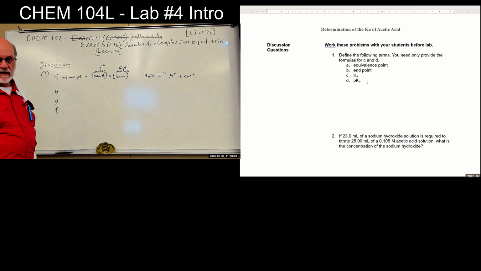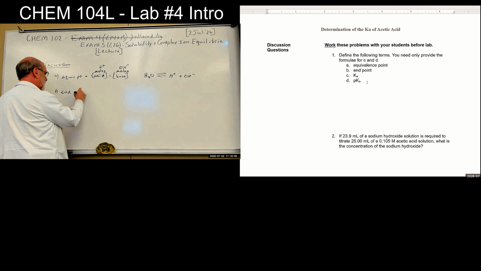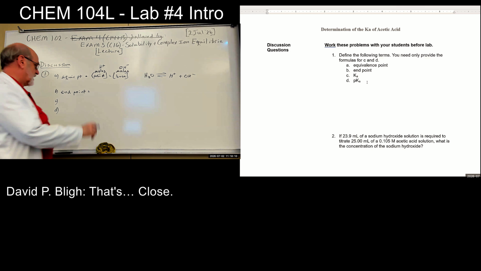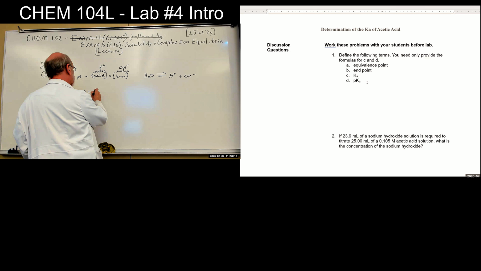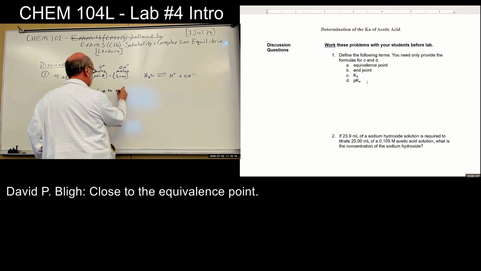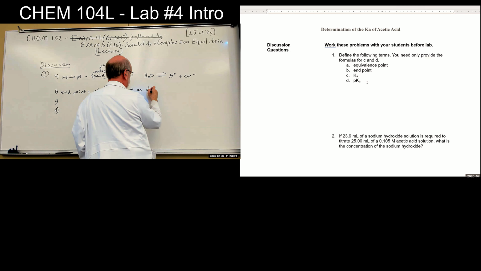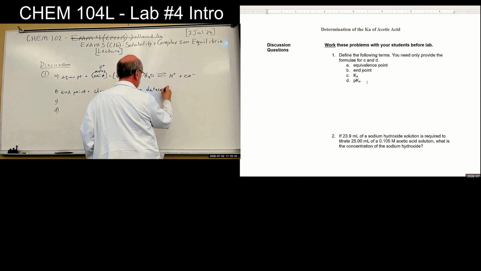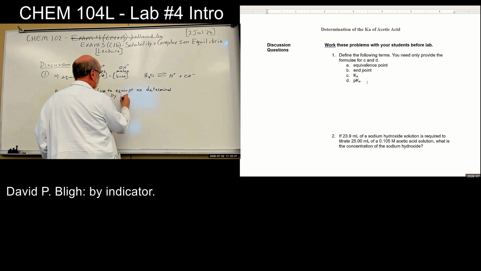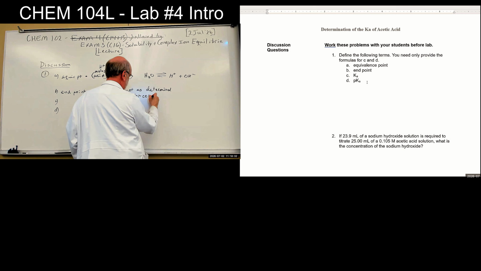That's the equivalence point. What is the end point? That's close to the equivalence point as determined by indicator color change.